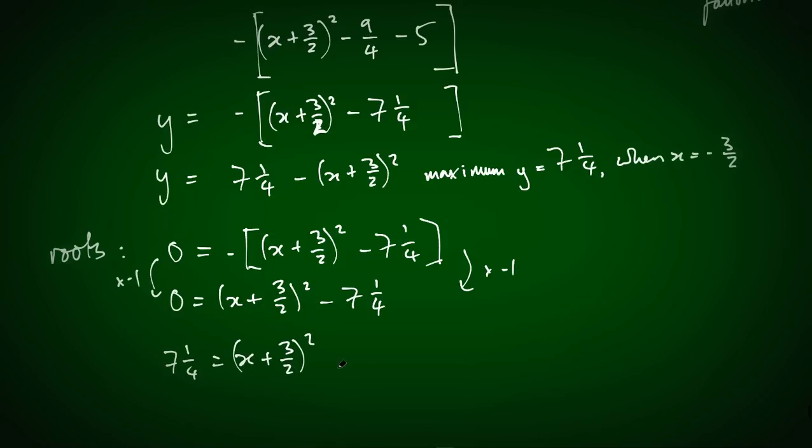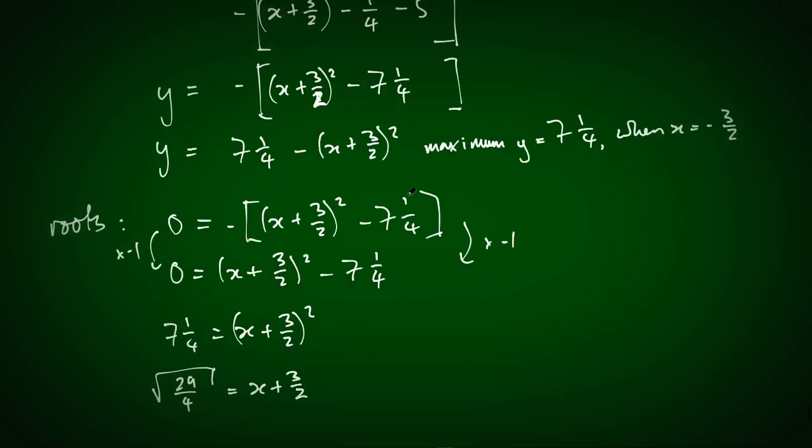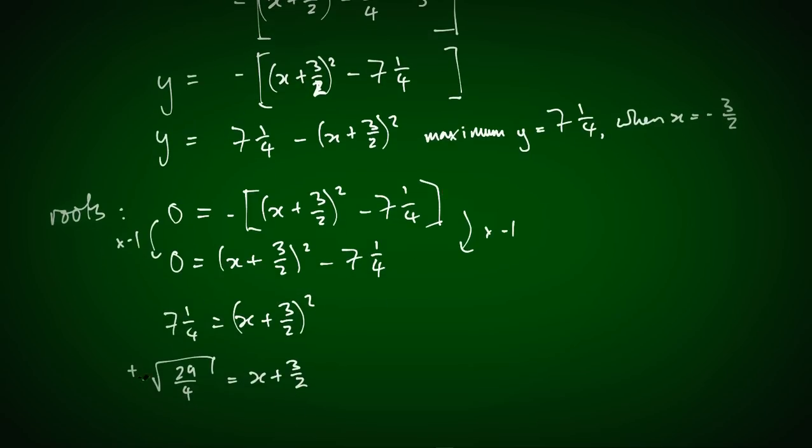If I square root both sides, let's turn this back into an improper fraction. 4 7s are 28, that's 29 over 4, and square root both sides, root 29 over 4 equals x plus 3 over 2, and when I square root, that gives me plus and minus root 29 over 4.